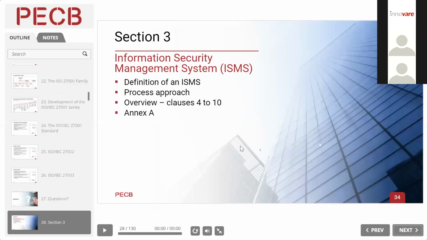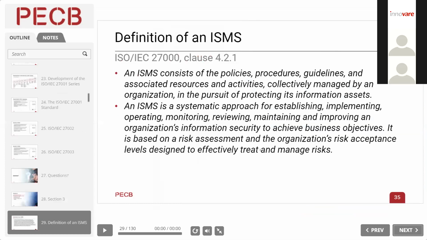Let's crack on. Going to look at what the ISMS stands for. The ISMS stands for Information Security Management System. Basically it consists of policies, procedures, guidelines, associated resources, and activities, collectively managed by the organization in pursuit of protecting its information assets.